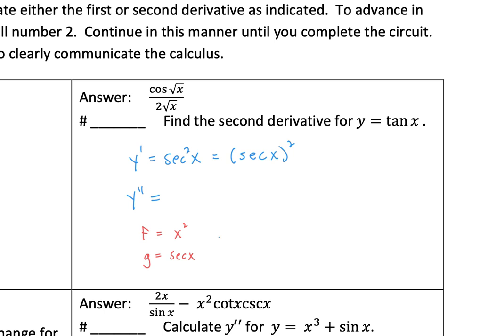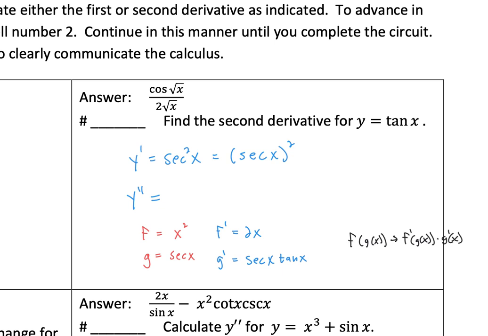Now we'll do f prime, which is 2x, and g prime, which is the derivative of secant: secant x tangent x. Now we follow the formula. For f of g of x, the derivative is f prime of g times g prime.